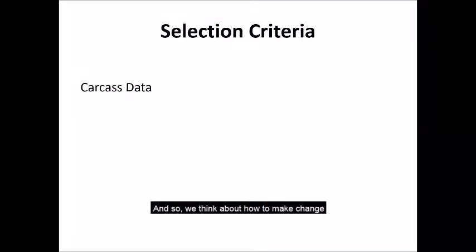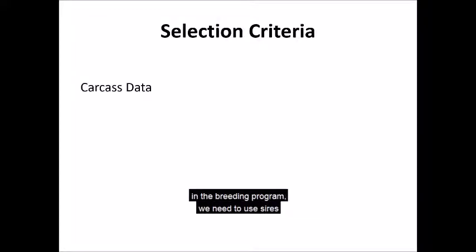And so we think about how to make change in a breeding program. We need to use sires that have been highly selected for carcass traits and that will pass that additive genetic value for those carcass traits onto their offspring.